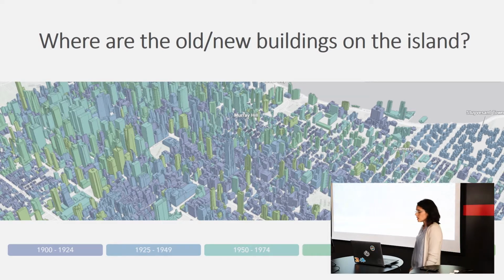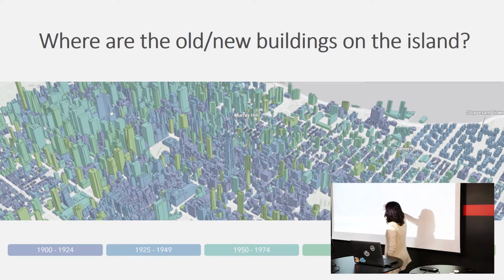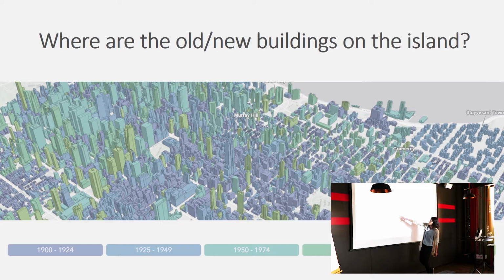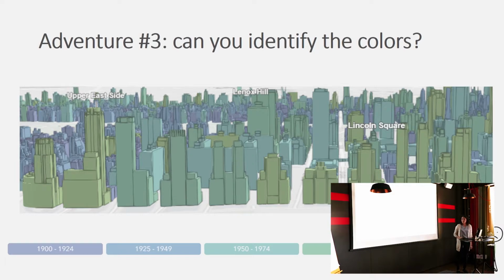You can really tell that this area here has older buildings, and those buildings there are newer. But then you get to an angle like this, where you wonder which buildings this green here corresponds to. Of course, you could tilt a bit and rotate and figure it out, but it's still not the best.